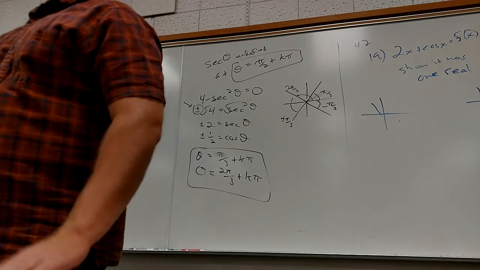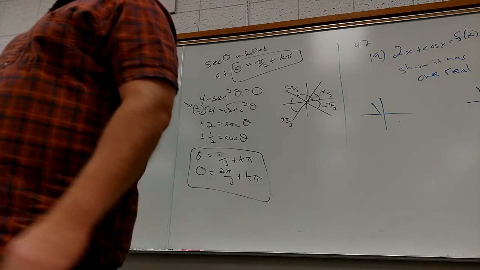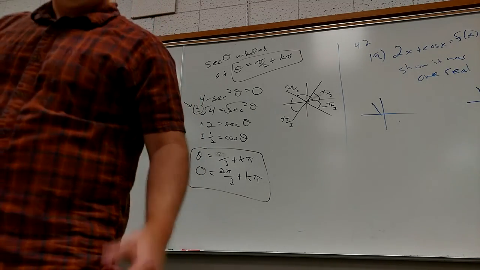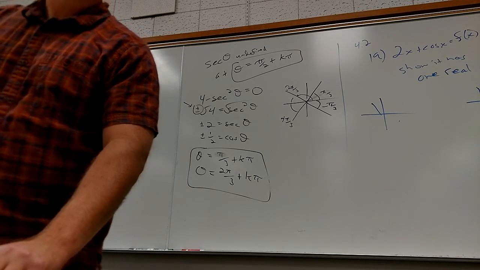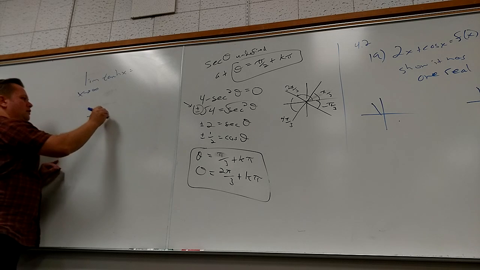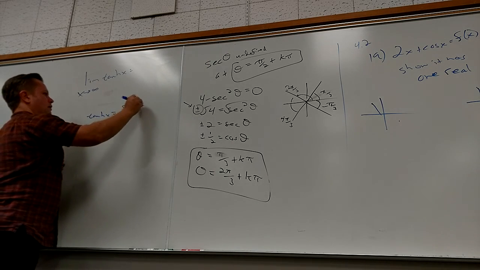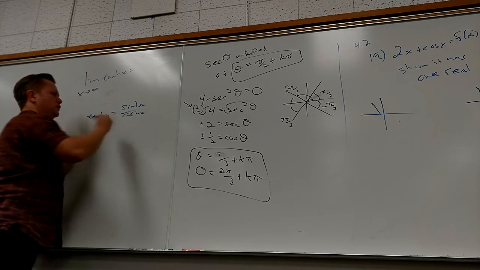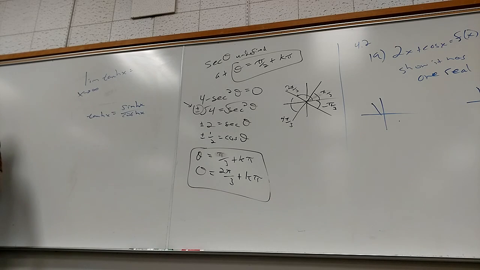I want somebody to tell me, what's hyperbolic sine over hyperbolic cosine? Okay, tangent is sinh over cosh. If I just ask directly for it, it'll happen. Now what's sinh? And what's cosh?